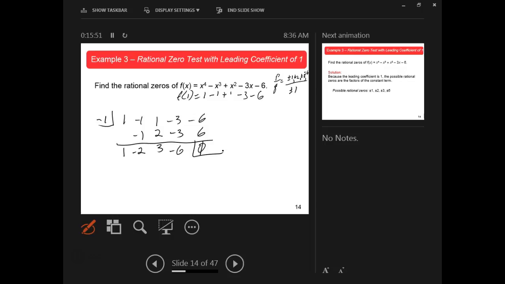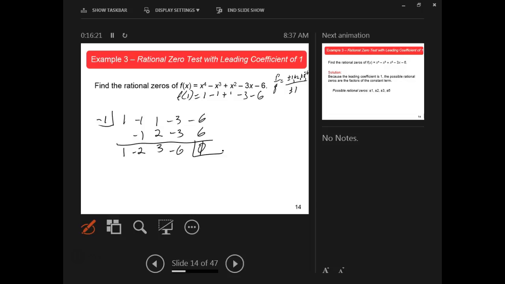We have a winner. We have a 0 for that polynomial: x equals negative 1. Now, that may have been a little harder than plugging in minus 1 and checking, but if you had done that, your next step would be synthetic division, because you want to know what the other factor is, and here it is.